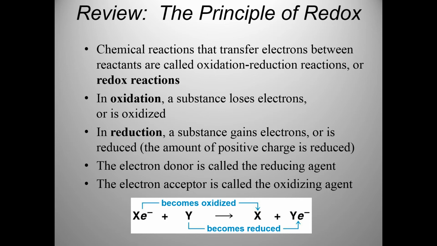Now, the molecule that is giving up the electrons, the electron donor in this case, is referred to as the reducing agent. The molecule that is accepting the electrons or hydrogen atoms is the oxidizing agent.